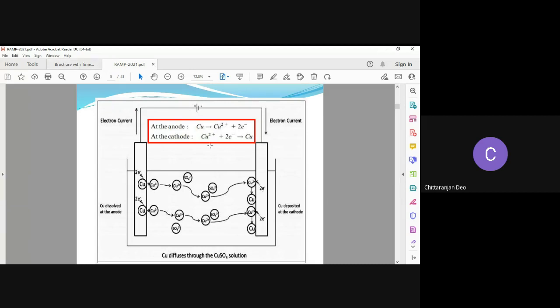We can see the reactions that take place during electrolysis at the cathode and anode, marked here. There are two reactions occurring simultaneously. This prevents charge accumulation anywhere within the circuit. There are also counter ions in the solution, so the solution remains uncharged.